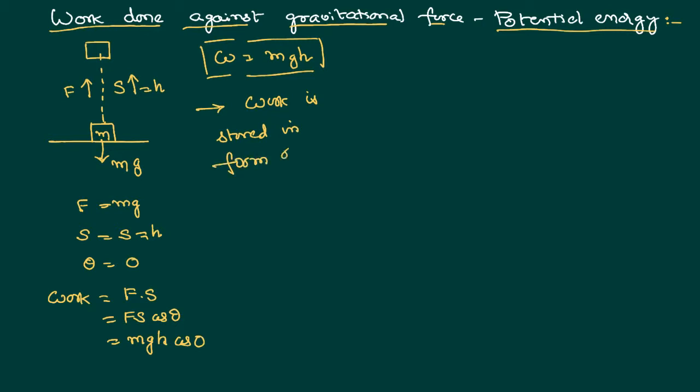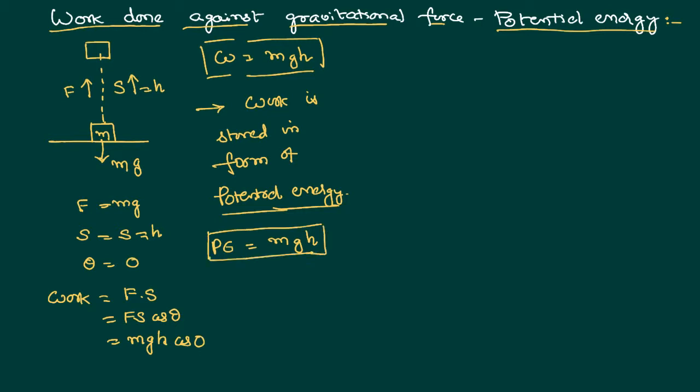So the body, after being taken to a certain height, is going to have an energy, and that energy is called potential energy. How much potential energy is it going to have? As much as the work that you have done. How much work have we done? mgh. Therefore, when a body is at a certain height from the ground, it has a potential energy mgh.